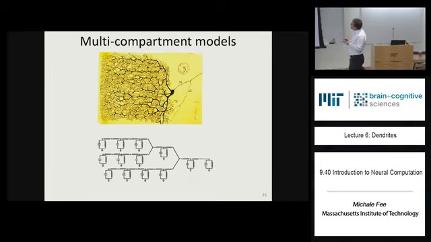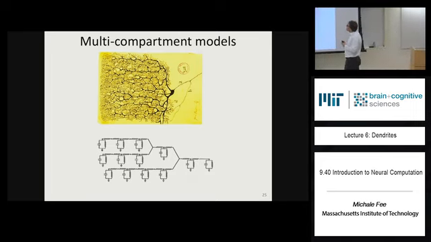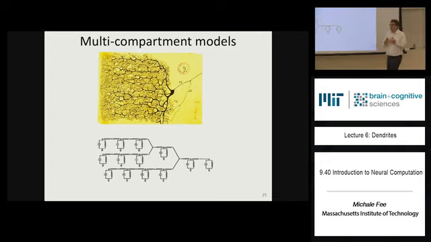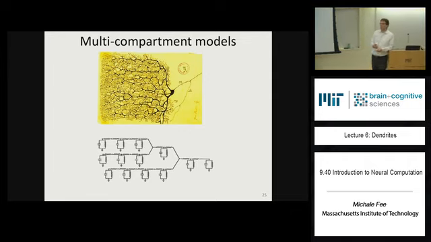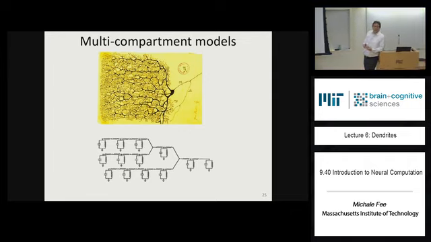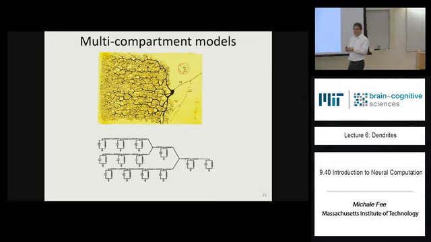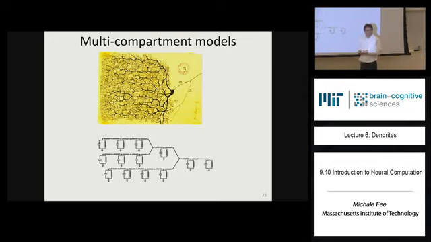So I want to tell you a little bit more about the way people model complex dendrites in real life. So most of the time, we're not integrating or solving the cable equation. The cable equation is really most powerful in terms of giving intuition about how cables respond.